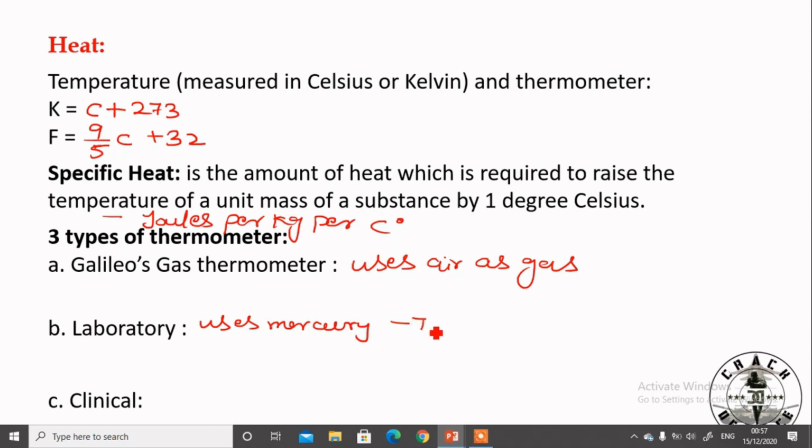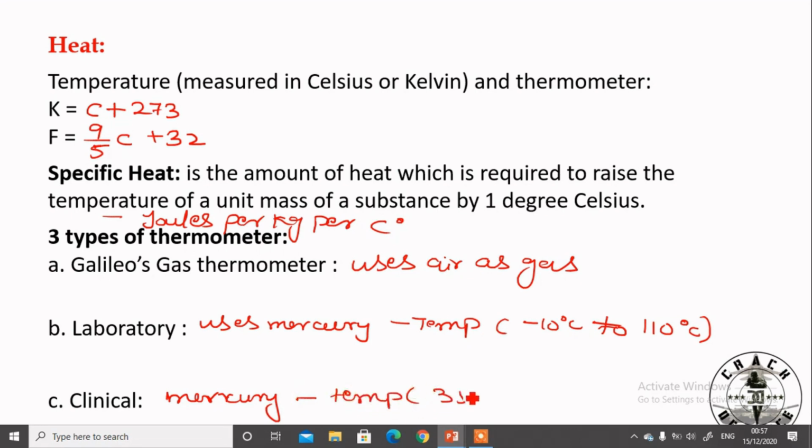The temperature here would vary somewhere between minus 10 degrees centigrade to 110 degrees centigrade. And next we have the clinical thermometer, which again uses mercury itself, but the temperature would vary in a different range. So we have 35 degrees centigrade to 42 degrees centigrade.